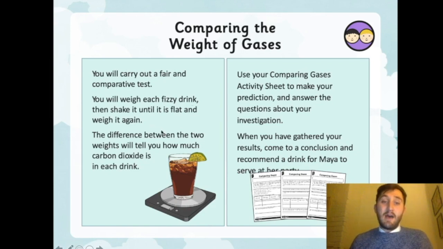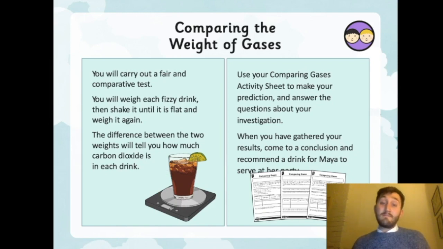This is where I want you to, using some scales, weigh each fizzy drink before, shake it up until it's flat, and then weigh it again, and then compare the difference between the two weights, and that will tell you how much carbon dioxide is in each drink. So you could do this with a glass of Coke, a glass of lemonade, some soda water, some tonic water.